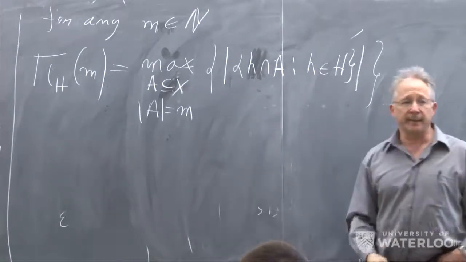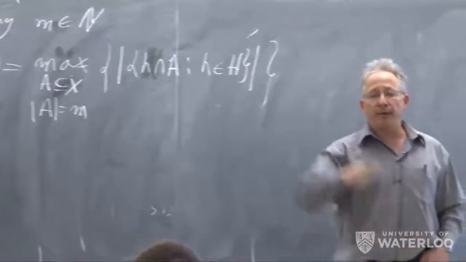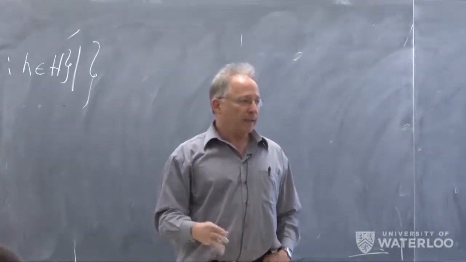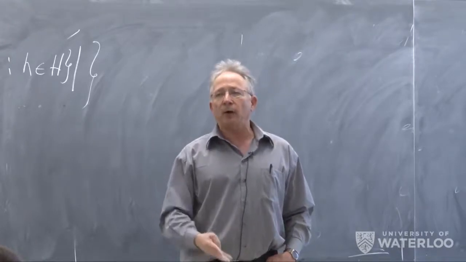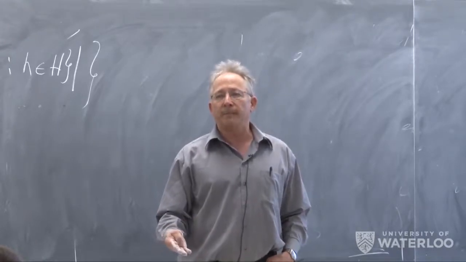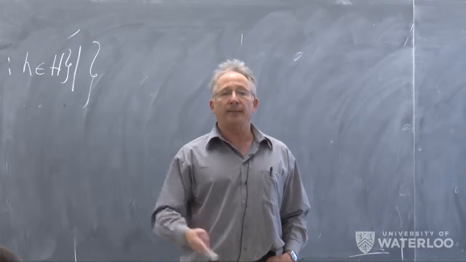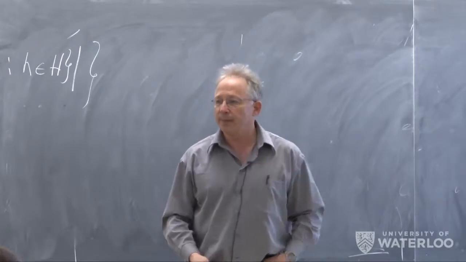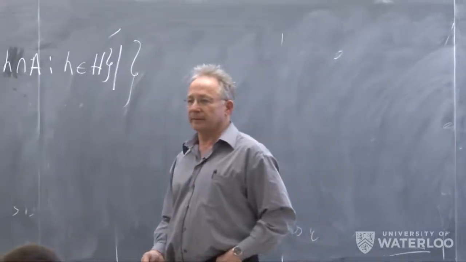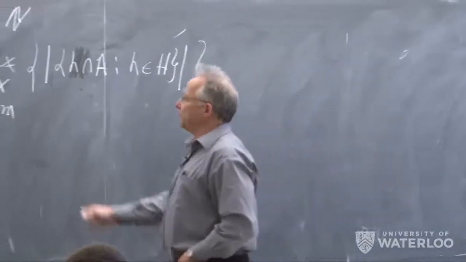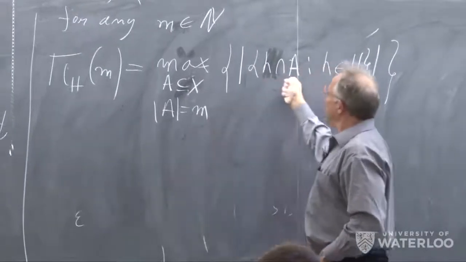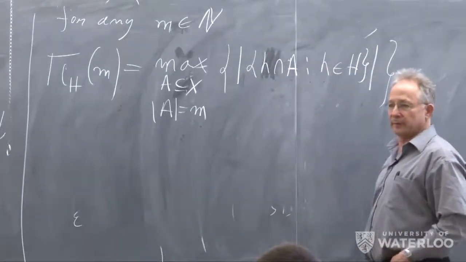But the shattering said A is shattered if I can cut with H every possible subset. And now I'm also considering the case that it's not all possible subsets. I'm just counting. How many subsets can you cut? Does it make sense? I look at all sets of size m, and I ask, how many subsets of A can you cut?